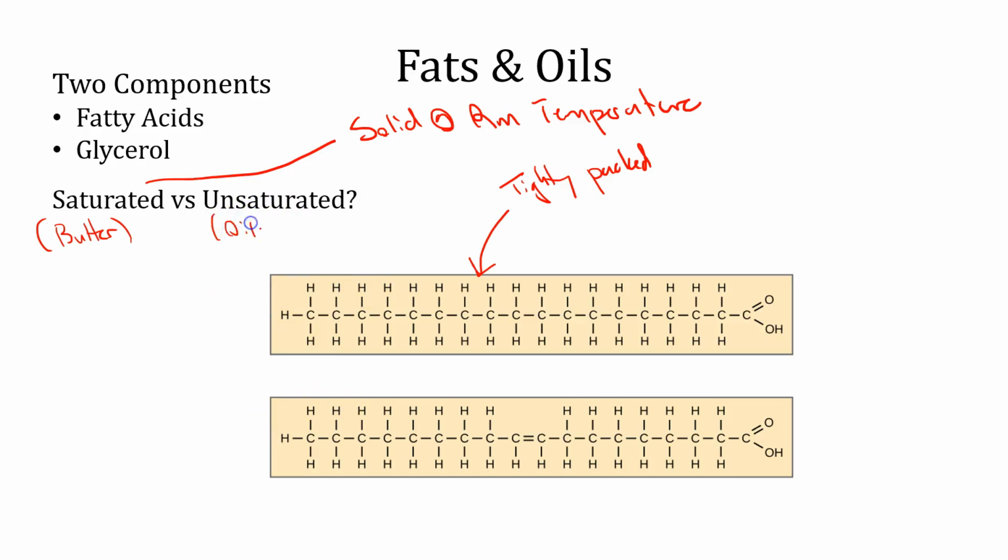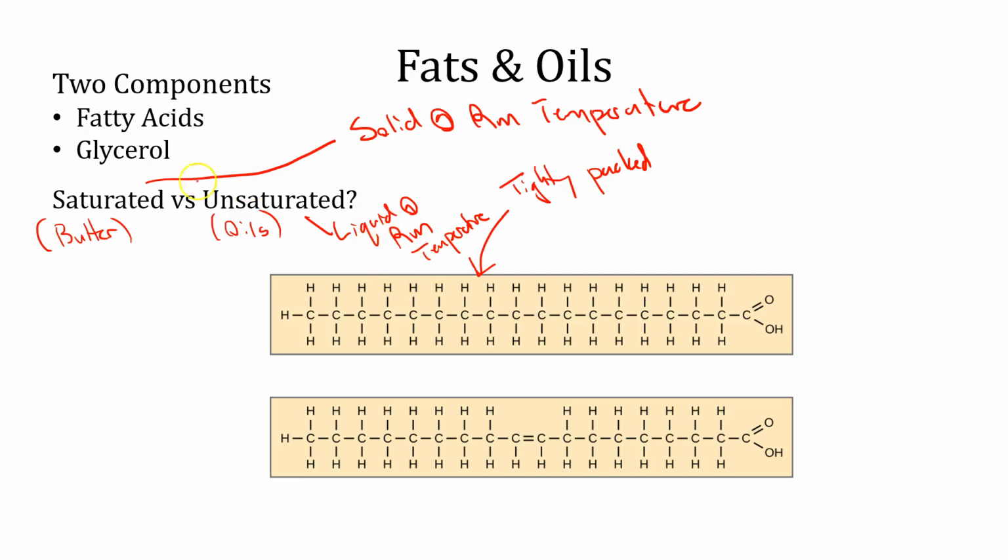Unsaturated fats then would be our oils. So this would be vegetable oil, olive oil, that type of stuff, and that means that they're liquid at room temperature. Again, whether they're solid or liquid all depends on how closely the molecules can sit next to one another.